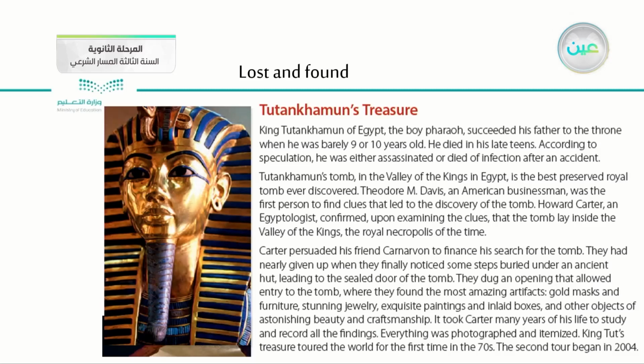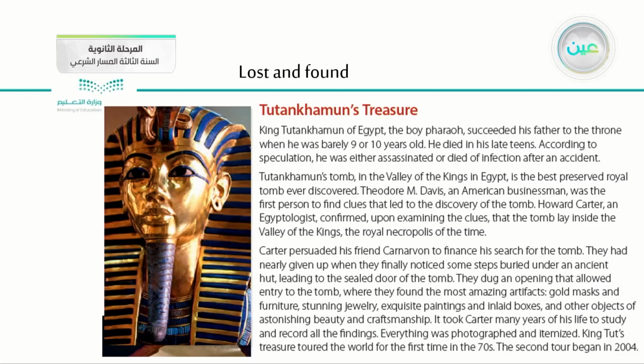In this part, we'll discuss Tutankhamun's tomb in the Valley of the Kings. We have a place called the Valley of the Kings in Egypt, with the best preserved royal tomb ever discovered.